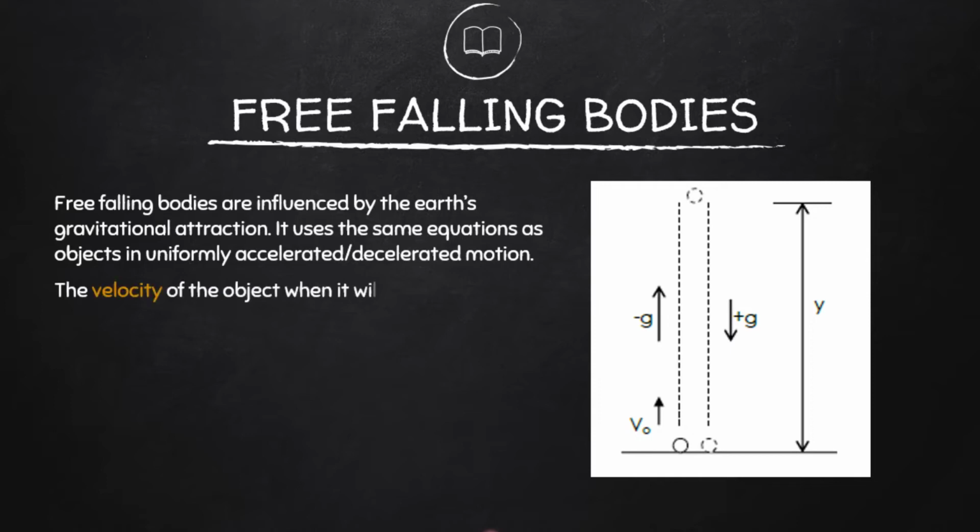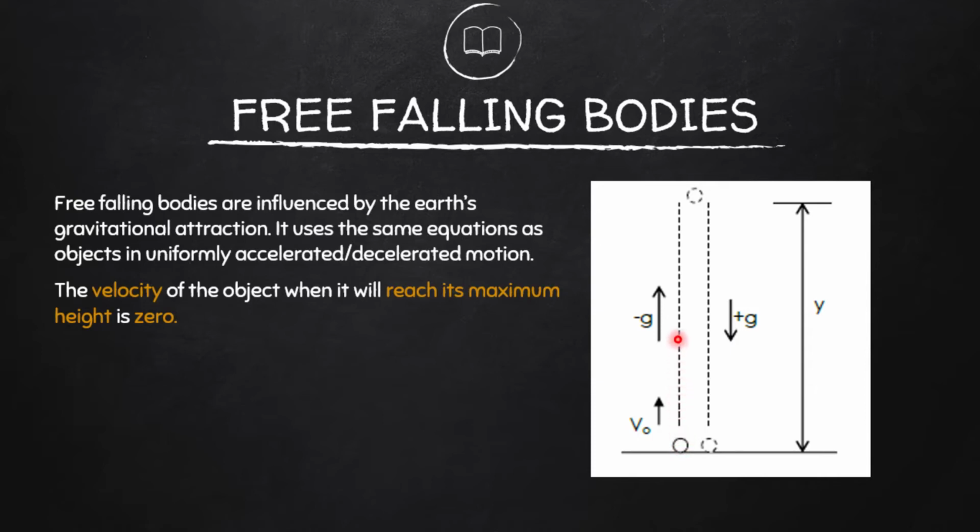The velocity of the object when it reaches its maximum height is 0. So for it to be launched going up, it should have an initial velocity that is not equal to 0, because if that is equal to 0, then there will be no height y, or it will not be launched.